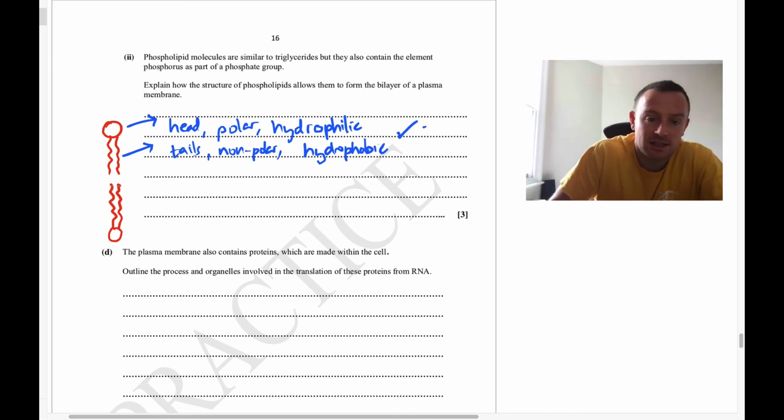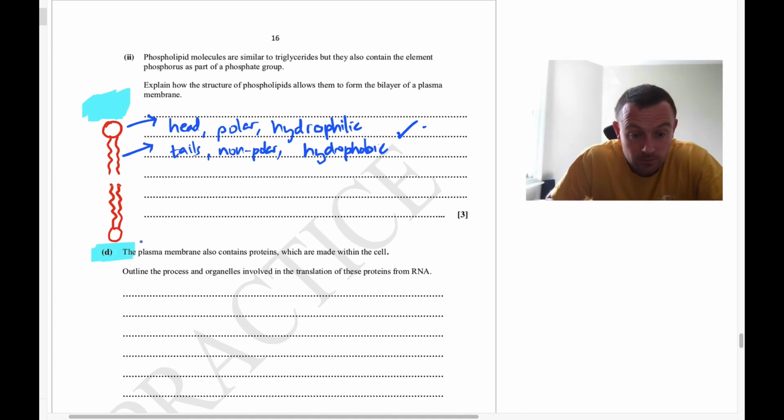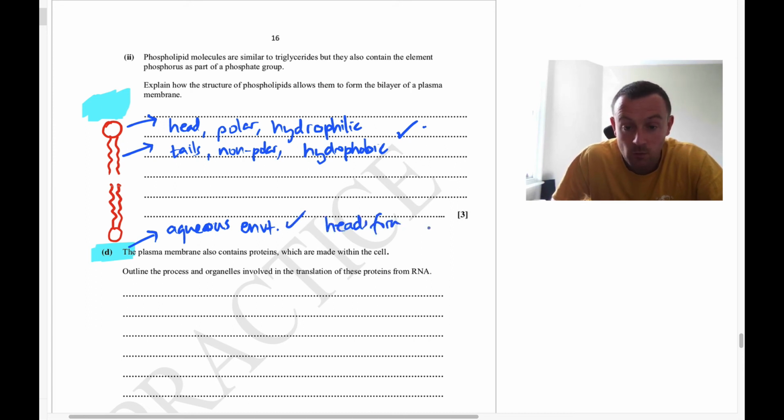Then you need to get the idea of the fact that we've got water or an aqueous environment on the outside of the membrane on either side. We can talk about aqueous environment, and we can say that that's one mark, and we can also say that the heads form hydrogen bonds with water outside.